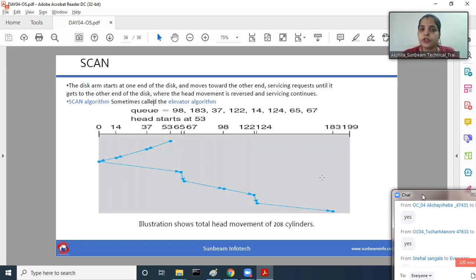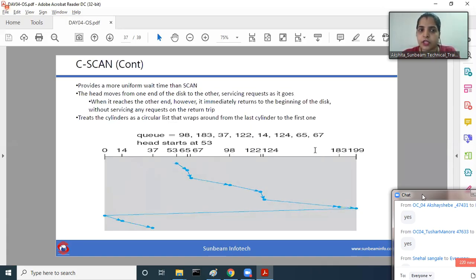The variation to the scan is the circular scan. In case of circular scan, it moves in one direction like a scan only. 53, 65, 67, 98, 122, 124, 183. It goes up to the extreme end.